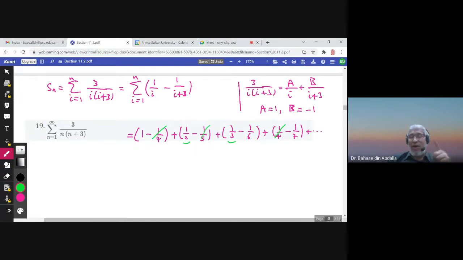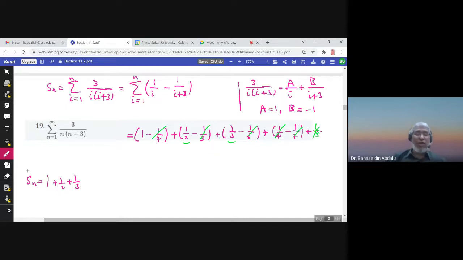And 1 over 5 would be cancelled with 1 over 5 here, the second, and 1 over 6 would be cancelled, and 1 over 7 would be cancelled. And then we will have Sn equals 1 plus half plus 1 over 3. These are the 3 terms from the beginning.